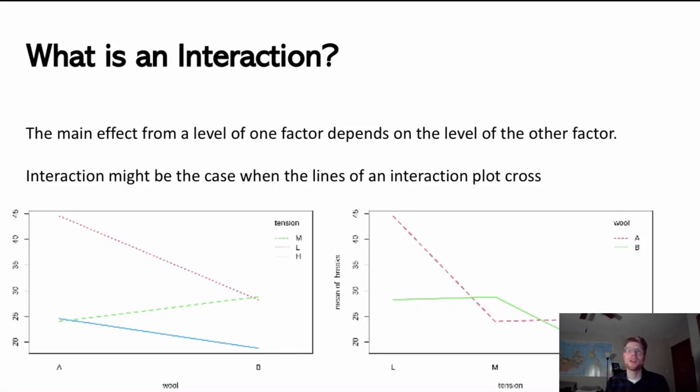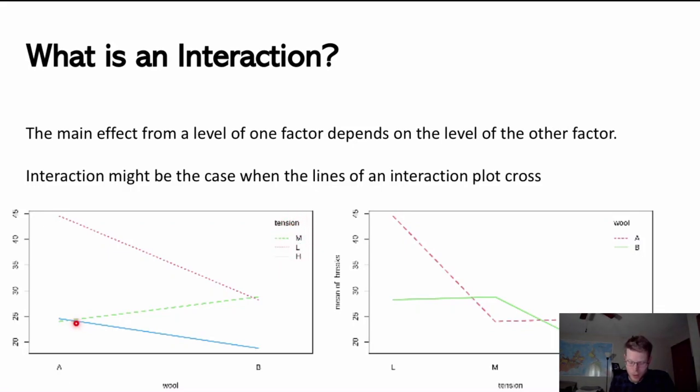However, if I'm layering that onto another factor variable, in this case one that takes 3 levels, represented by these 3 different lines, you're going to notice that I don't have the same effect between A and B, because it depends on which level of this other factor variable is being looked at.